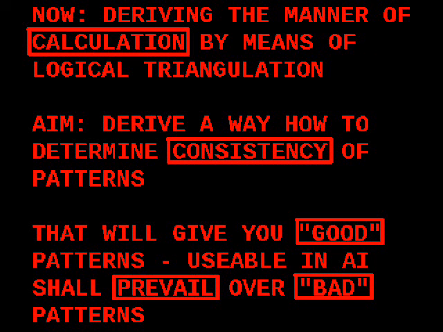And our aim shall be to find a way how to determine the consistency of some given set of patterns. And as I said, that will give you the good patterns and the bad patterns, and you can thereby decide in your artificial intelligence designs which patterns shall prevail over which other patterns.